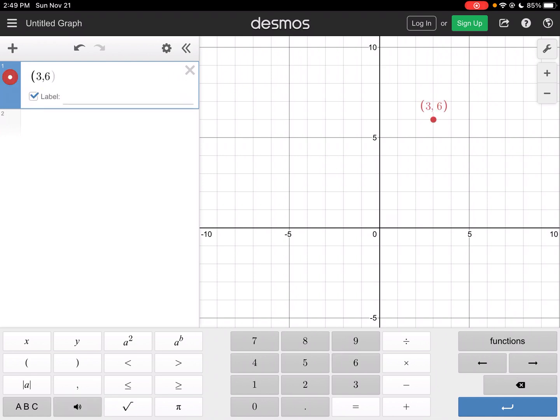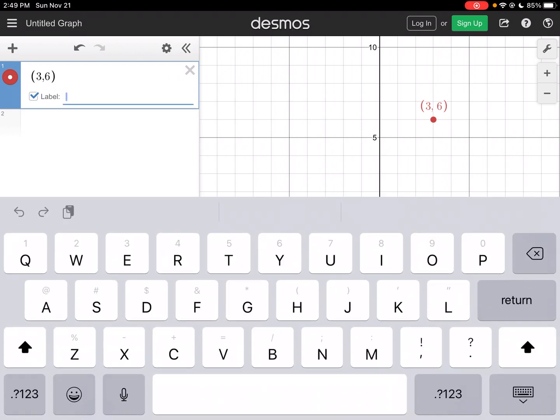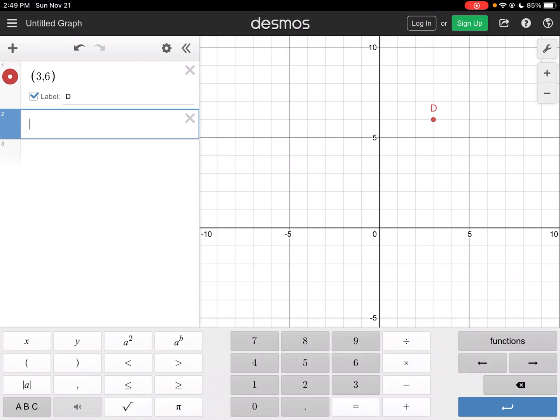I'm going to label that point D. My second point is going to be at (-1, 2).